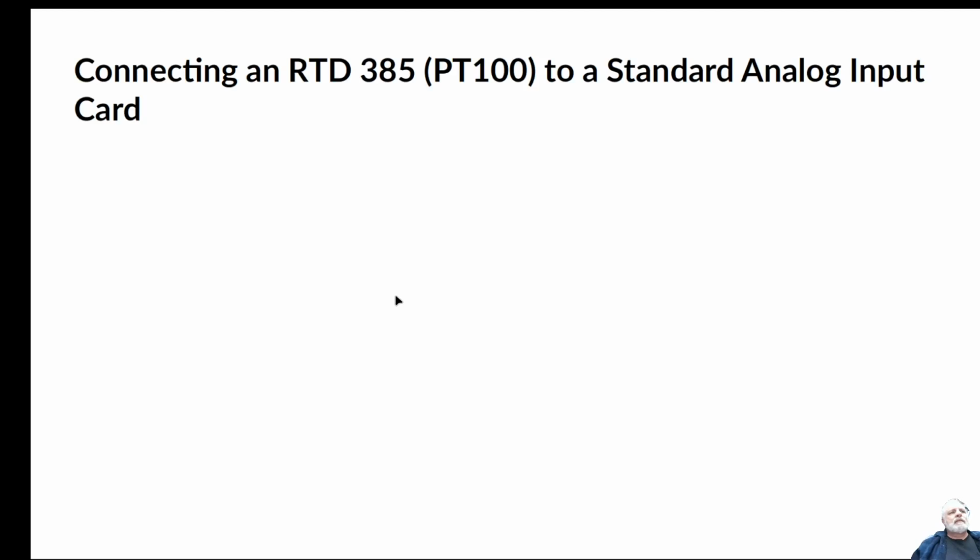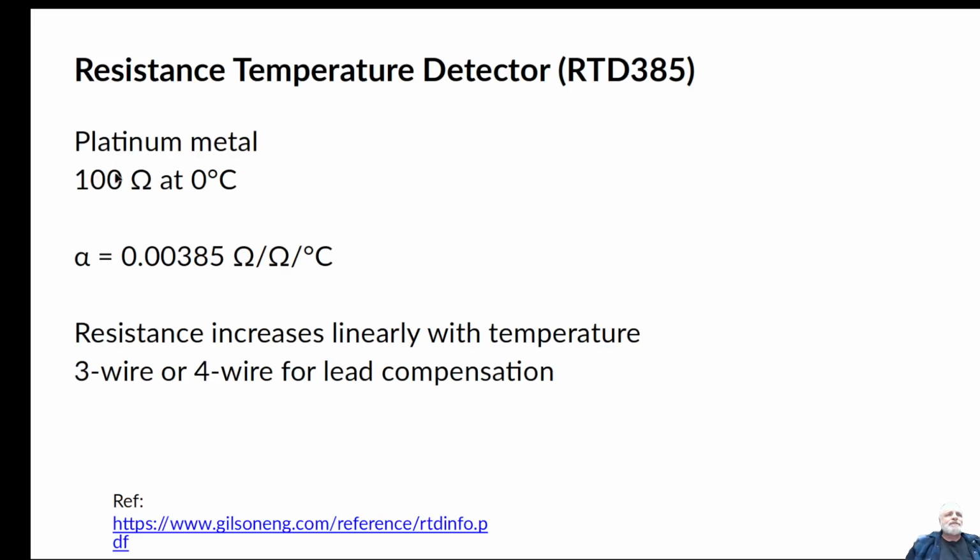All right, so in the lab, we're going to use an RTD to read temperature. So I'm just going to talk a little bit about the RTD. So we have an RTD 385, which is a Platinum 100, which is a very common RTD sensor. This sensor is made out of platinum, and at 0 degrees Celsius, or freezing, at the point where water turns to ice, this RTD will have exactly 100 ohms of resistance.